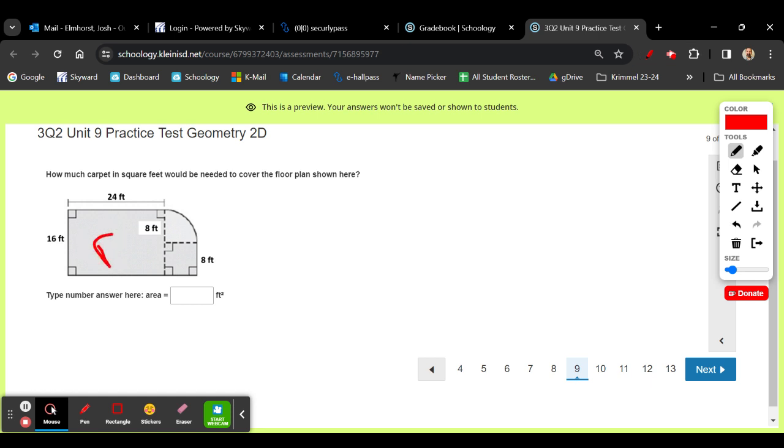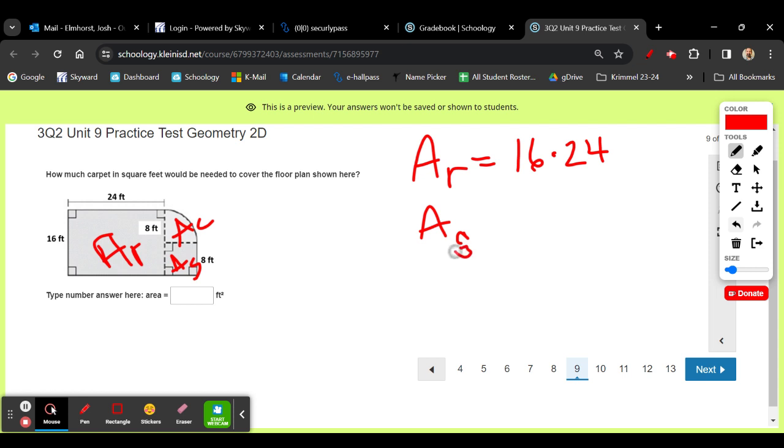We got the area of a rectangle, area of a square, and the area of a circle. We call it area 1, area 2, area 3. So the area of a rectangle is going to be 16 times 24. The area of a square is going to be 8 times 8.